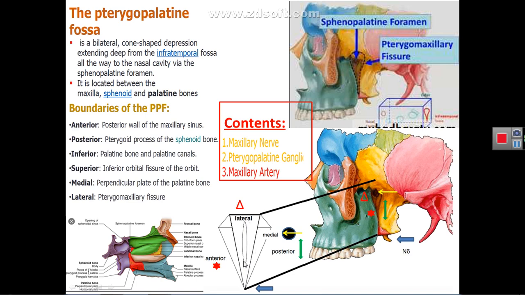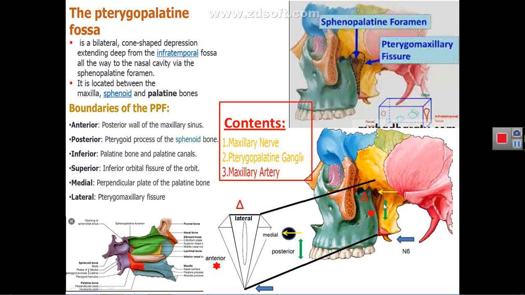So this four-sided inverted cone or conical space, the pterygopalatine fossa, is limited anteriorly, as you can see by the star. This is the fossa. It is limited anteriorly by the body of maxilla. Of course, this body of maxilla contains the maxillary air sinus. So the anterior wall of the pterygopalatine fossa is the body of maxilla containing maxillary air sinus, while the posterior wall is formed by the pterygoid process that shows the medial and lateral pterygoid plate.